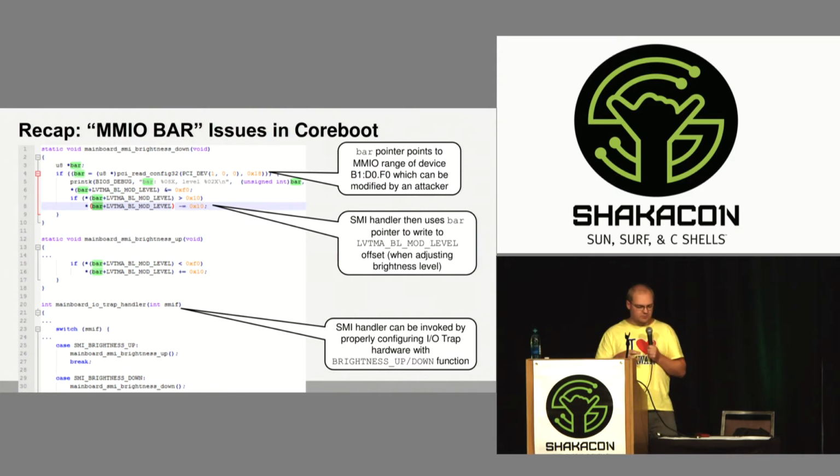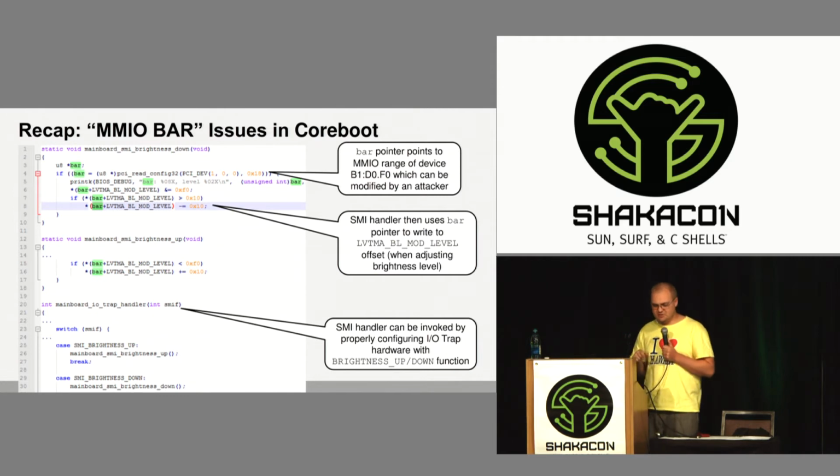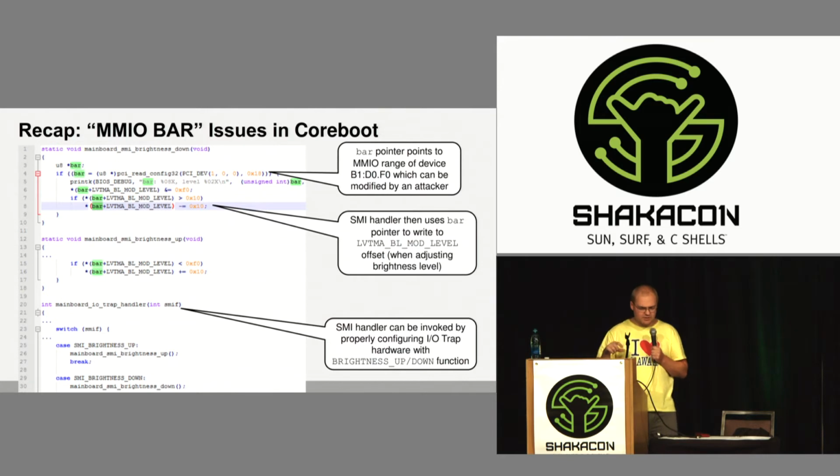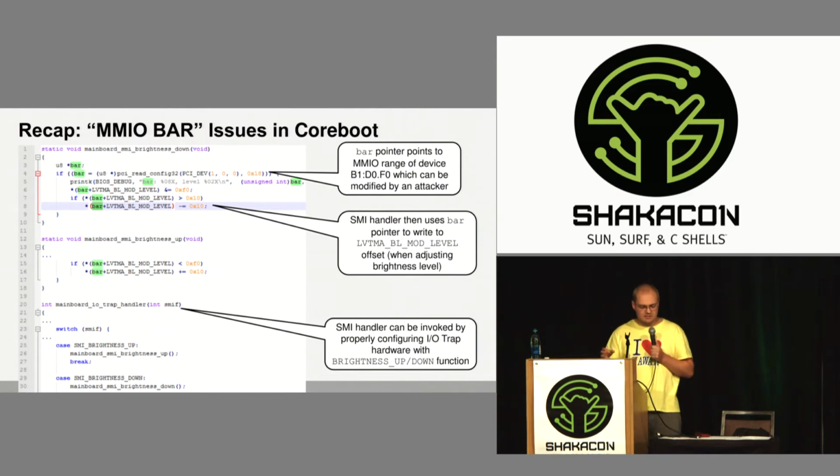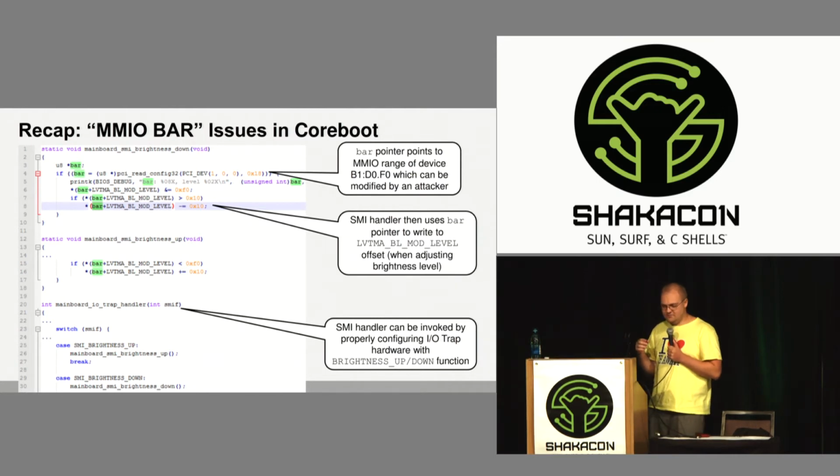The biggest problem with exploiting the MMIO bar issue is that the MMIO bar should be aligned. What this means is, if the MMIO range size is, for example, 4K, the MMIO bar should be aligned on this size. And because of that, you don't have the write primitive for any random address.